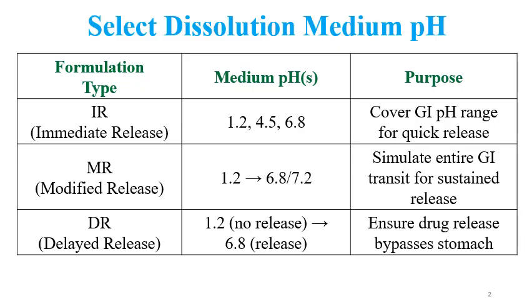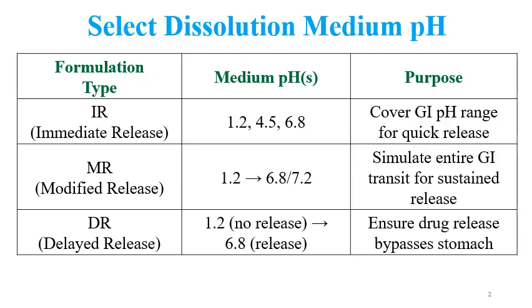Each drug, each formulation has some specific nature, specific solubility and specific biorelevant requirement. So, based on those properties of the drug substance, formulation, excipients, and the desired release, the medium pH is finalized.